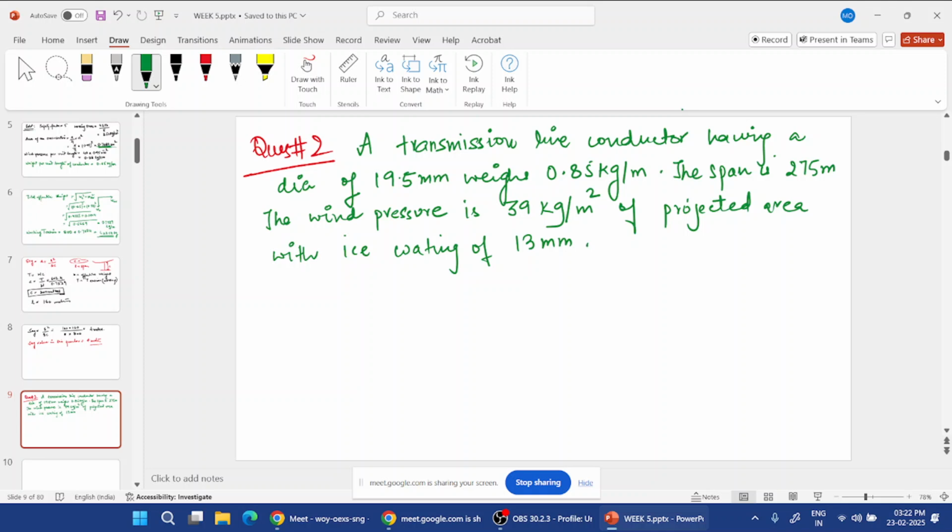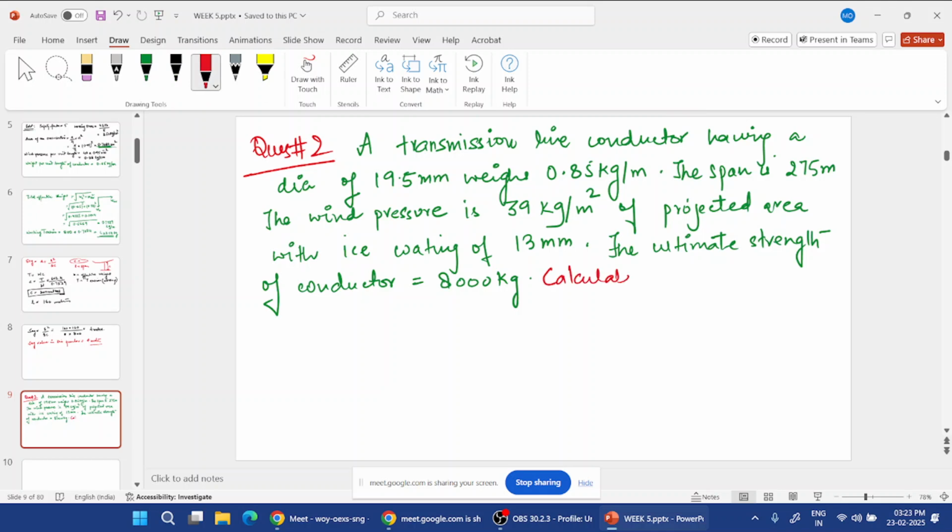The ultimate strength of the conductor is given as 8000 kg. Now what we have to calculate is the maximum sag.